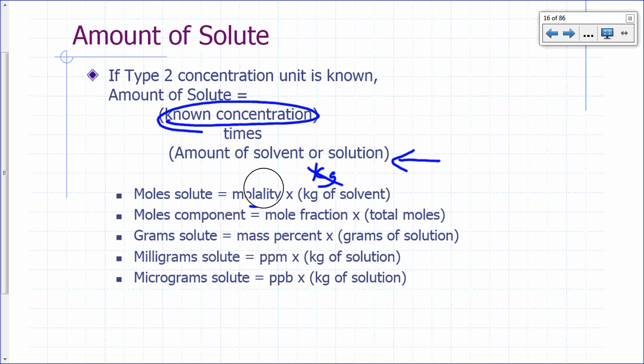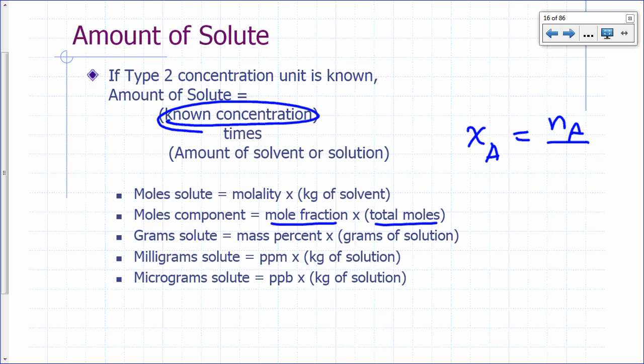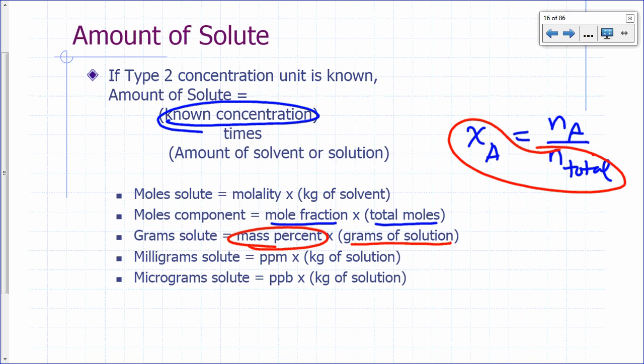If you have a mole fraction, multiply it by the total moles, and that gives you moles of component. Remember, mole fraction of A is moles of A over moles total. So if you multiply total moles by the mole fraction of A, that will give you the number of moles of A. For grams of solute, whatever grams of solution you have, just multiply that by the mass percent.